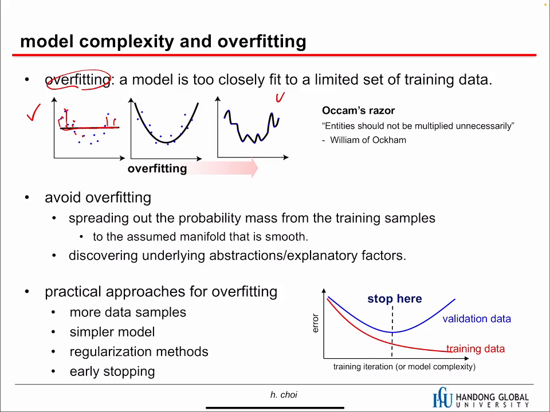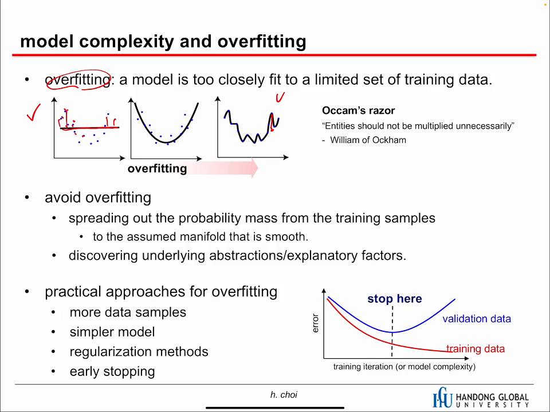How about this one? In this case, the model is a little more complicated, and in the training data, it doesn't have any error. It fits perfectly to the training data. But this is not good. Even with the perfect score on the training data, this is not good. Let me give you one example. If the test data is around here, then the error is quite large, right?